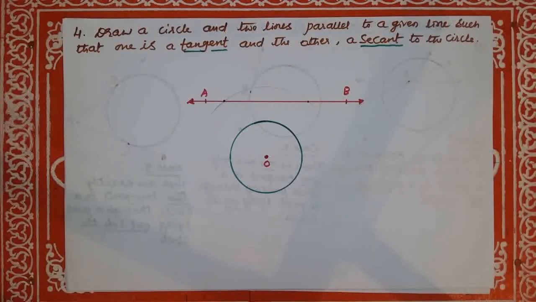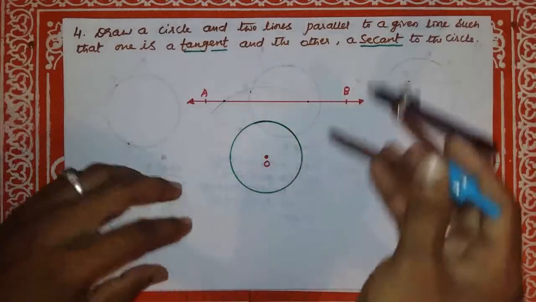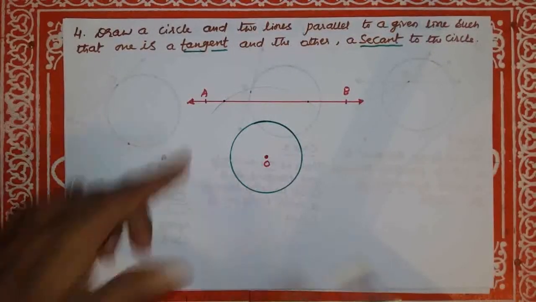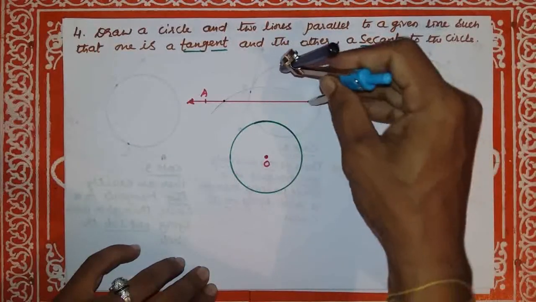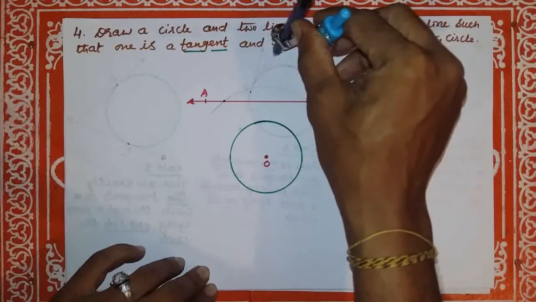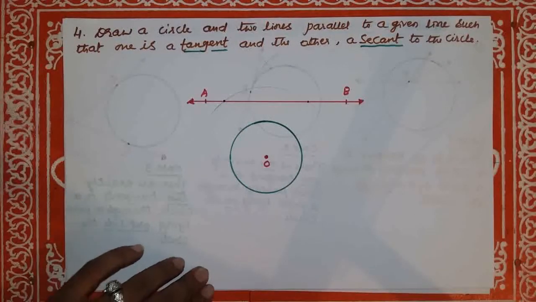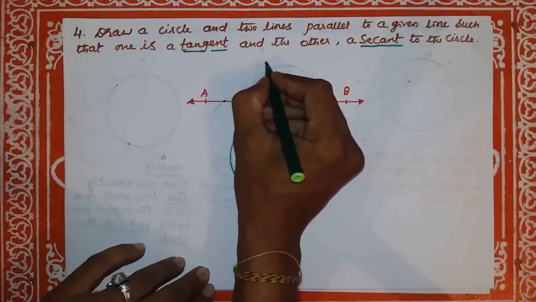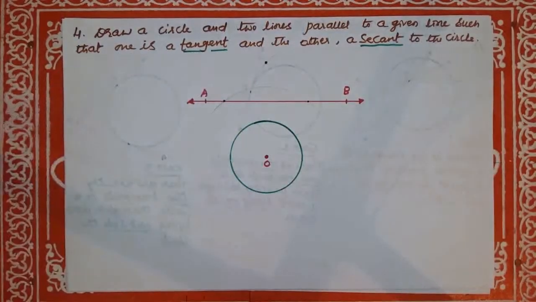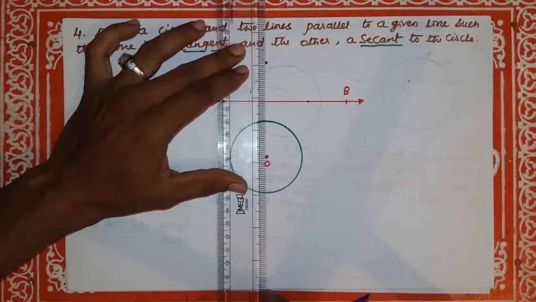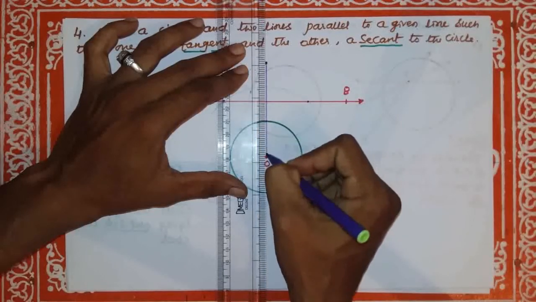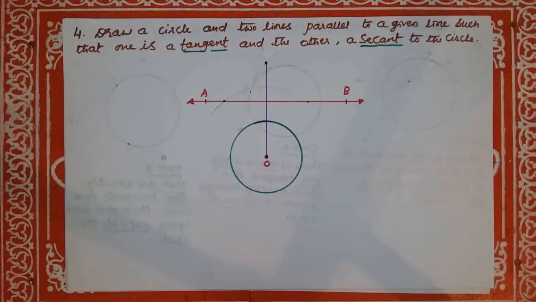Again we cut arcs using the compass from these two points, one arc from each. They intersect at one point. Join this point to O. Now it is perpendicular, right?